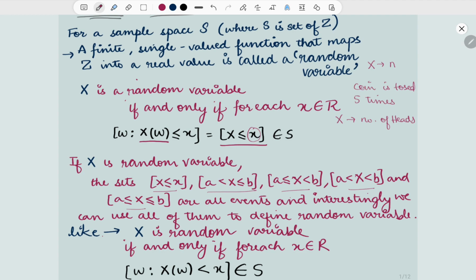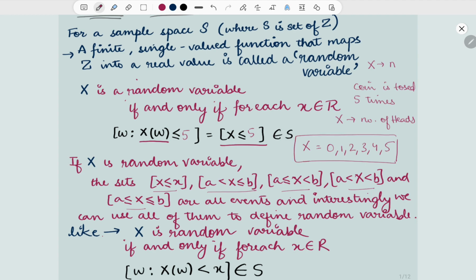So here we will write that x is a random variable if and only if for each 5 belonging to R, we write omega x element, random variable of element is less than or equal to 5. So what values can the random variable x take? It can take 0, 1, 2, 3, 4 and 5. These are the total number of values x can take.